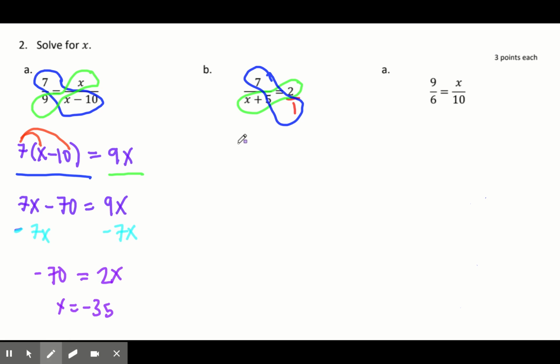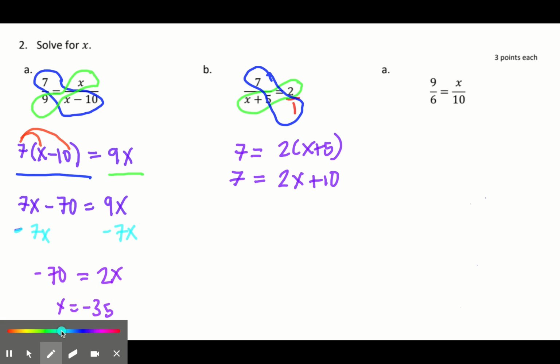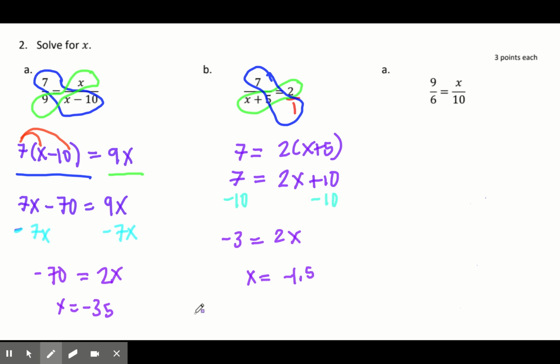So 7 times 1 is 7, and then 2 times x plus 5. So 7 equals, and then distribute the 2, that's 2x plus 10. You're trying to solve for x, so subtract the 10 from both sides. That's negative 3 equals 2x, then divide by 2, and you get x equals negative 1.5.